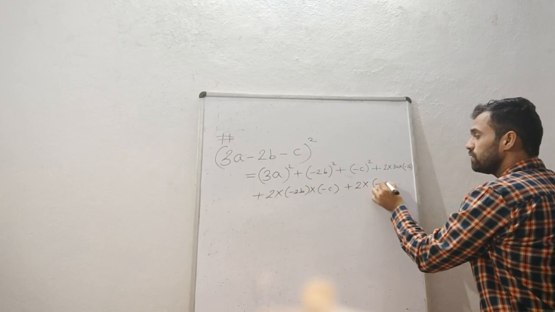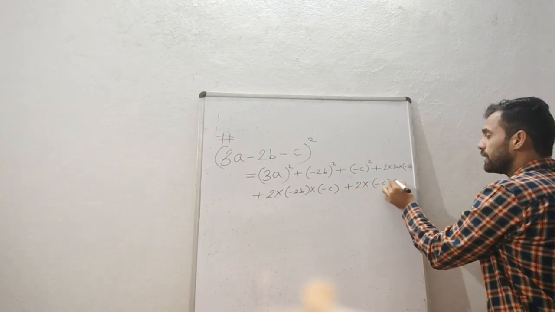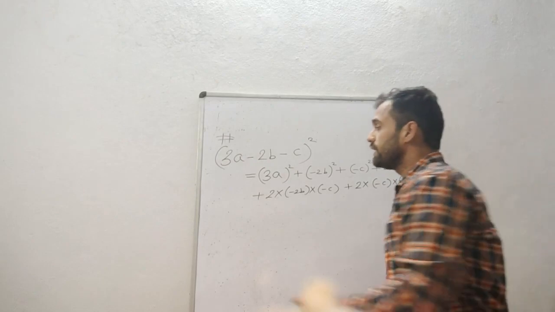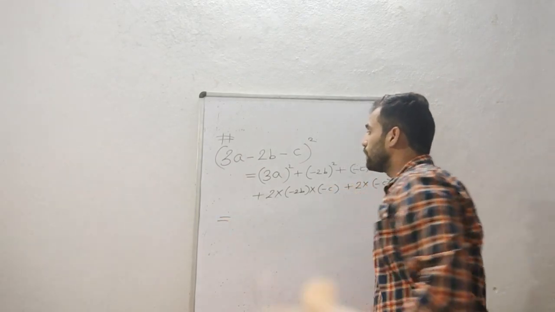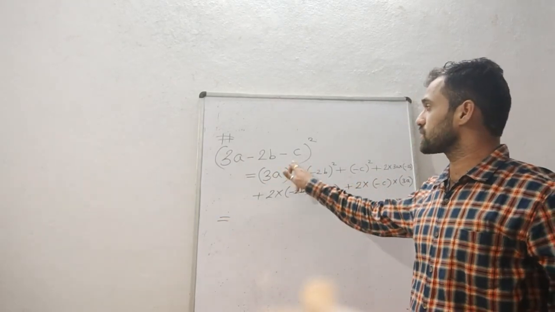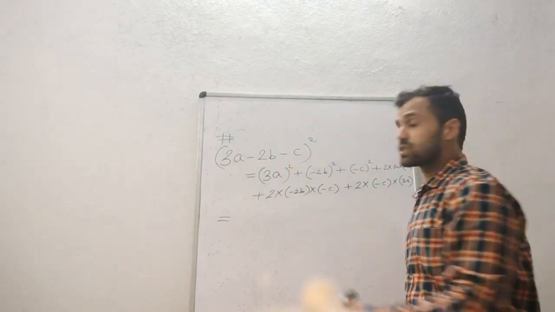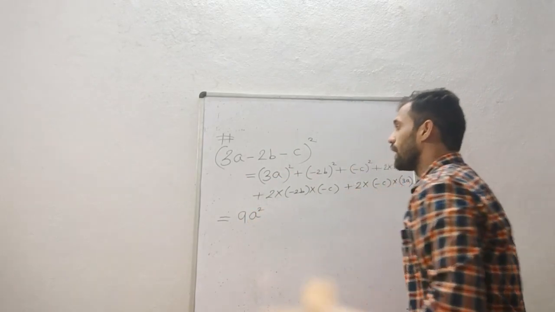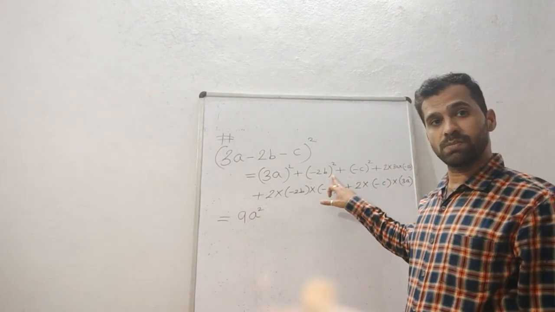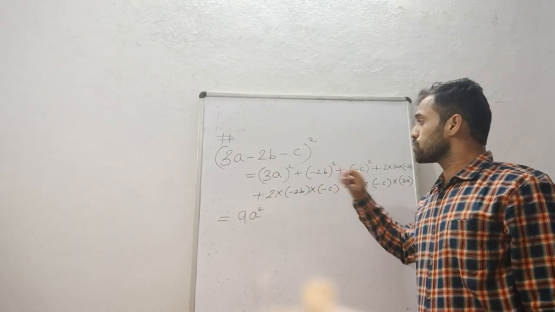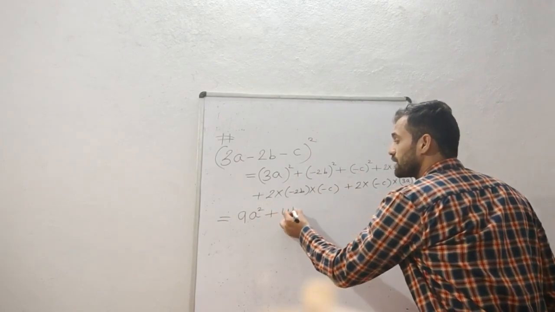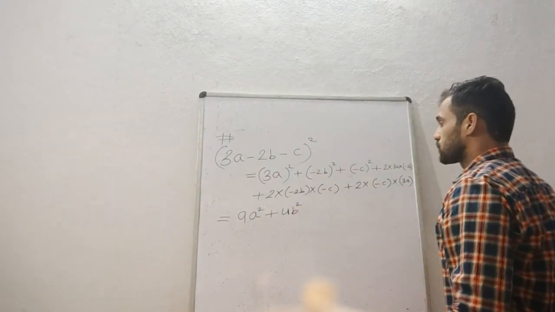In place of a we have 3a, in place of b we have 2b, in place of c we have minus c, and in place of a we have 3a. Now we will finally open the bracket. Square of 3 is 9, so 9a square. The square of a negative always comes positive, I told you before also. So negative 2 whole square is positive 4, and b square, that is 4b square.